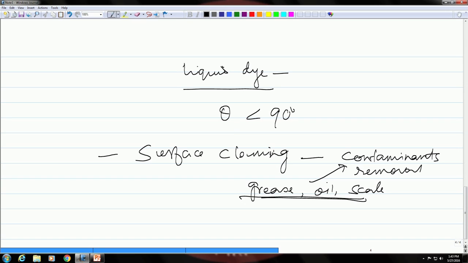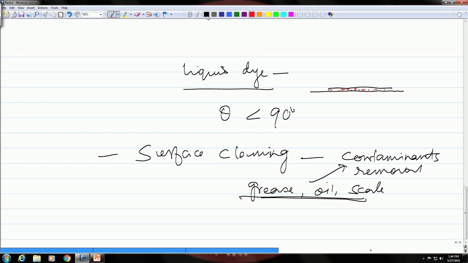Now, once the liquid spreads over the surface, depending on whether you have a solid surface with defect or without defect, this liquid will first spread over the surface.